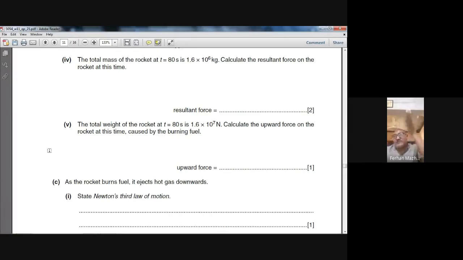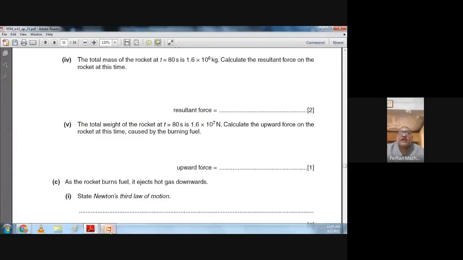The force required for acceleration is the resultant force, which we have just calculated. So the upward force equals the resultant force plus the weight.